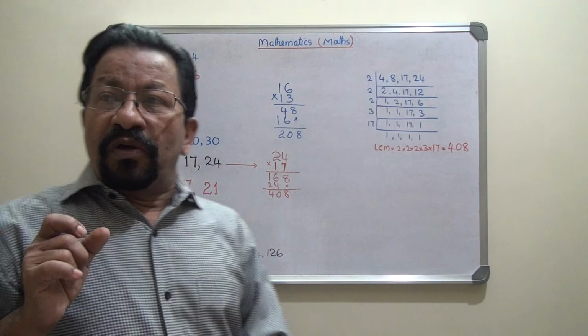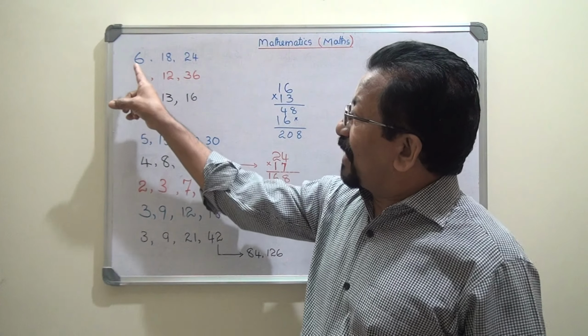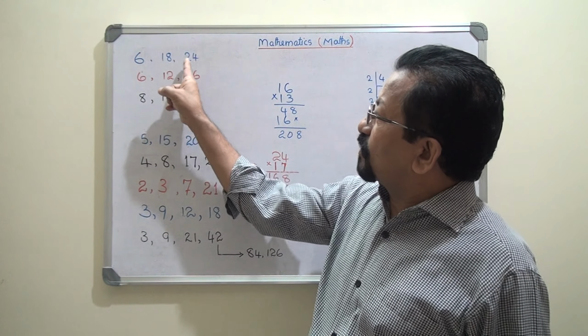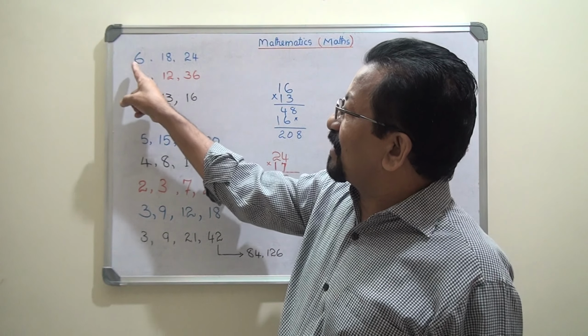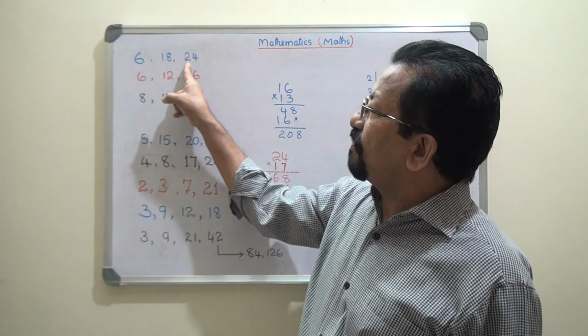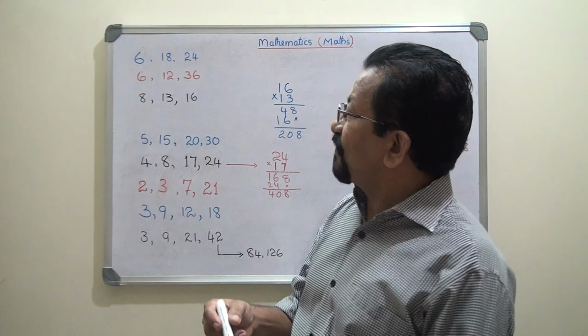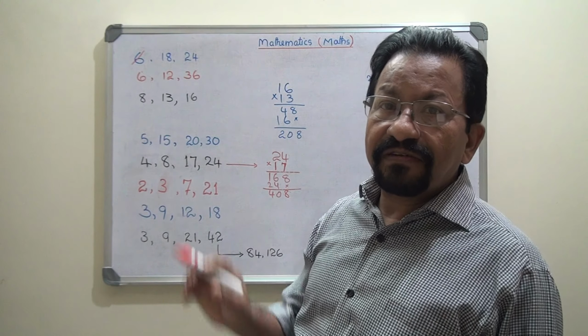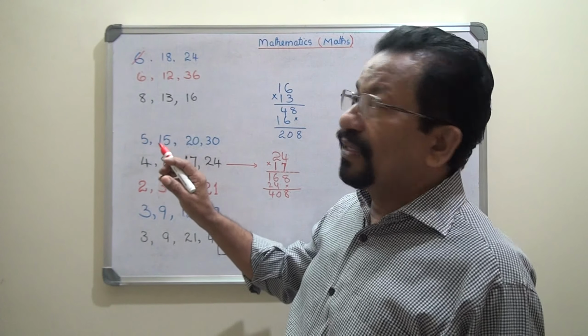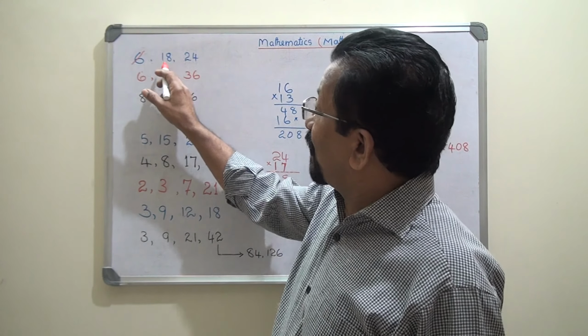So for that, what you have to do? What is the first number? 6. Just check, this 6 is a factor of 24. Yes. Then we can cancel that number 6. Is 18 a factor of 24? No. And what is 18?